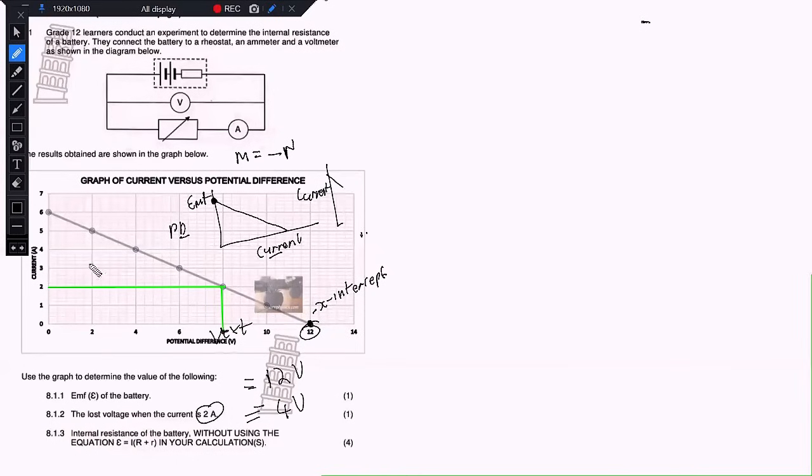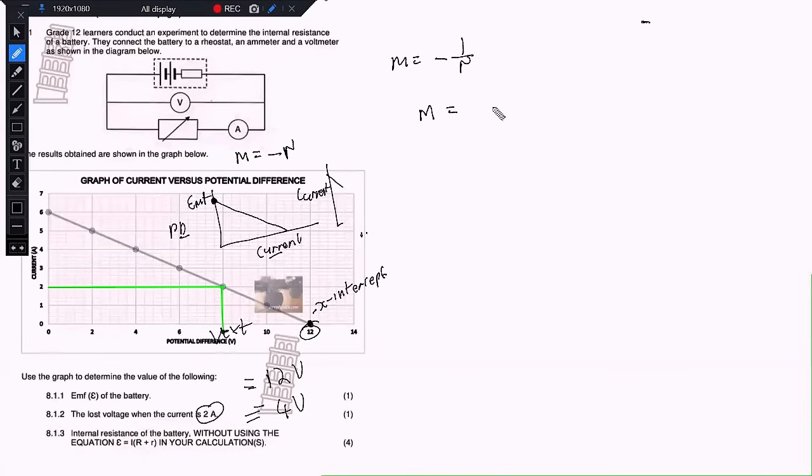But if now you are given this here, that means your gradient would have to represent the inverse of the internal resistance, because what did they do? They inversed the graph. So if you want to have a look at that, check.